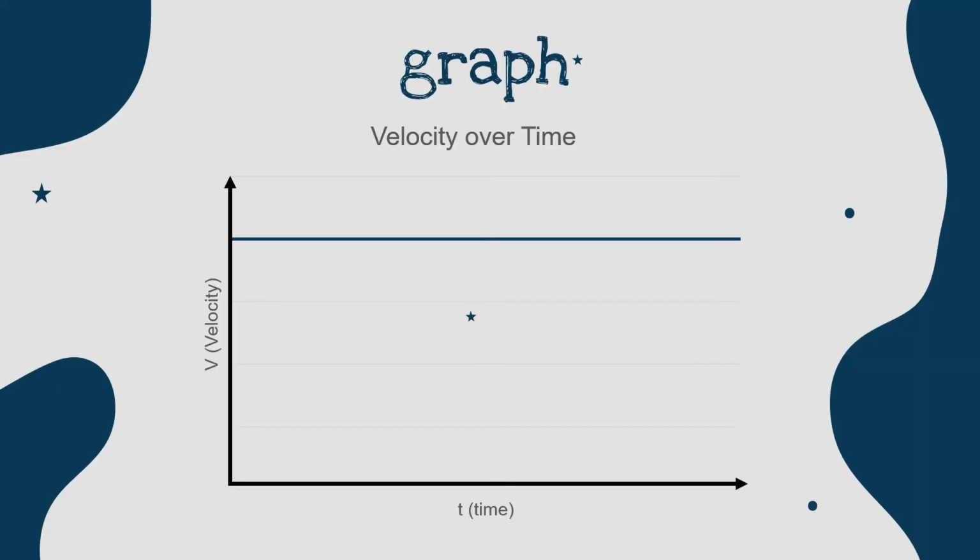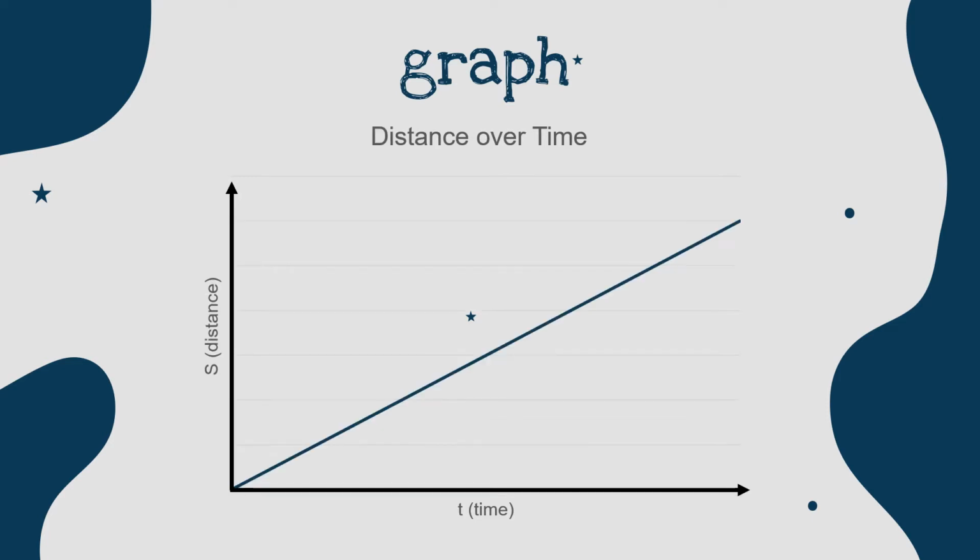In uniform linear motion, the graph will be linear. In the picture, for the velocity over time graph, we can see the graph is a line parallel to the x-axis. Why? Because the velocity or speed is constant over time.